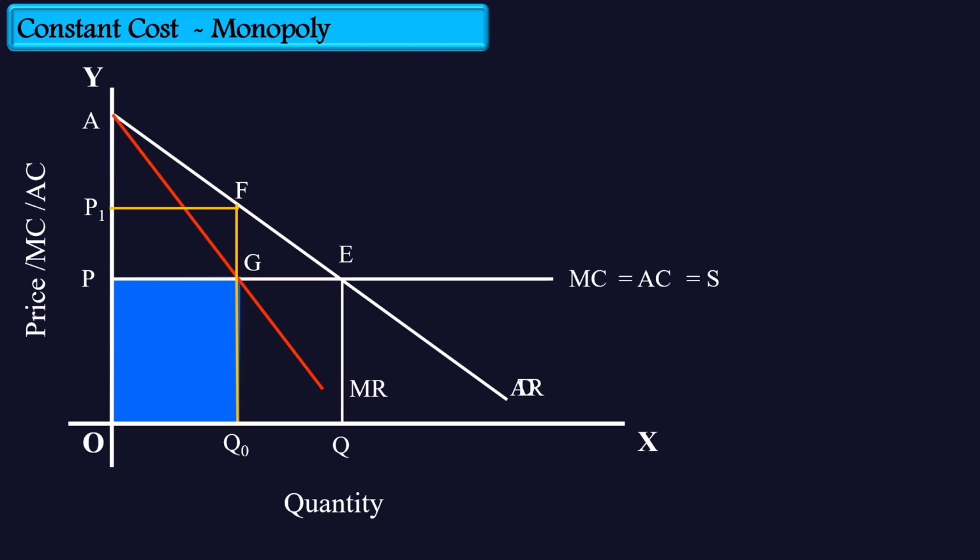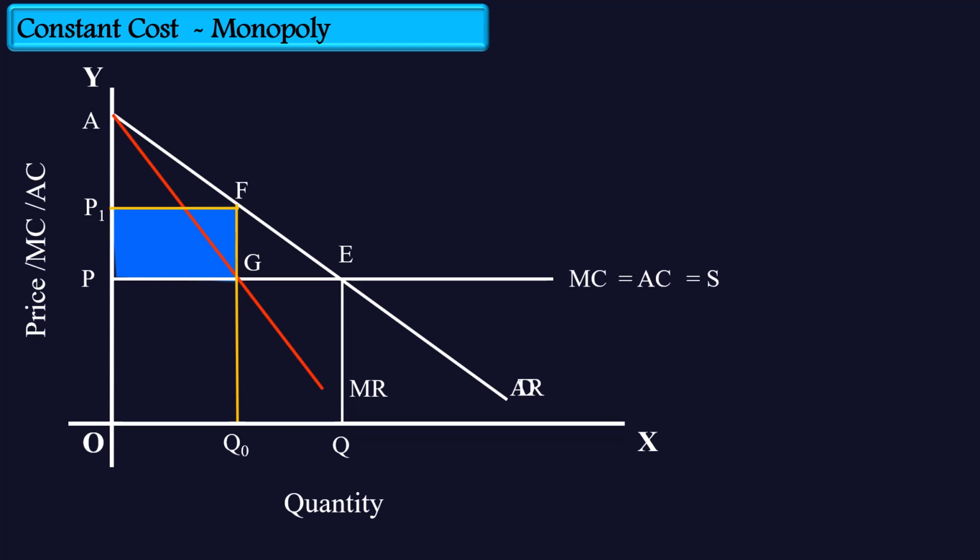Well, the producer's surplus is OP1FQ0 minus OPGQ0, that is P1FG. This surplus also must be taken into account before evaluating the welfare of the society.